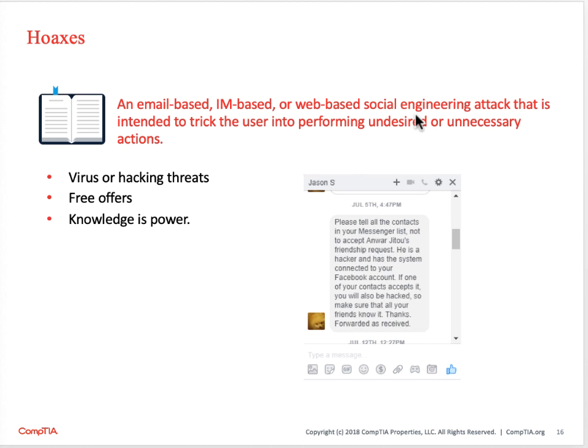But then also, with hoaxes we need to be aware of other things. Knowledge is power, as one of the bullets here says. Currently, at least several nation states are performing a sort of cyber war with each other, and one of the targets here are us as citizens of another nation.